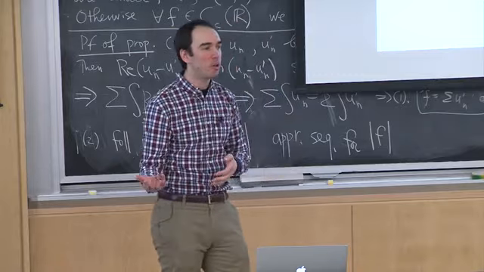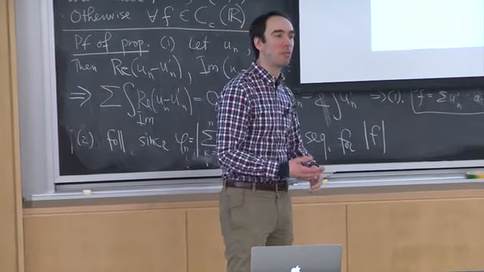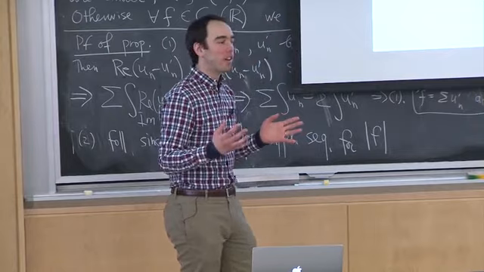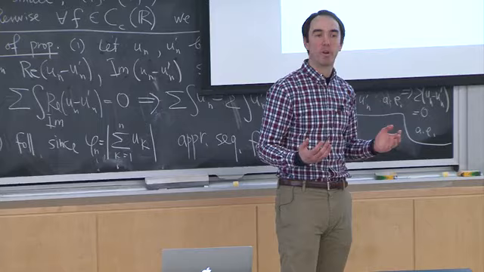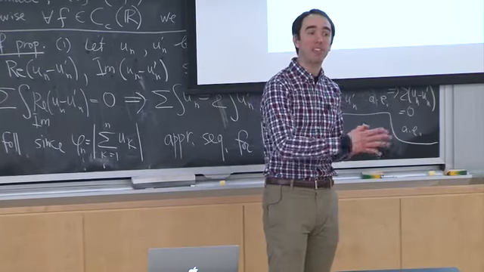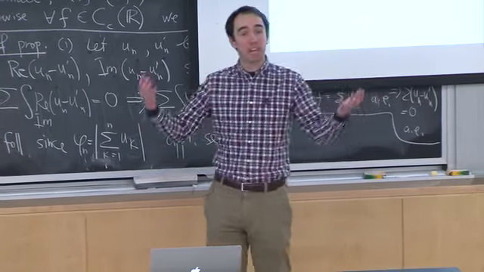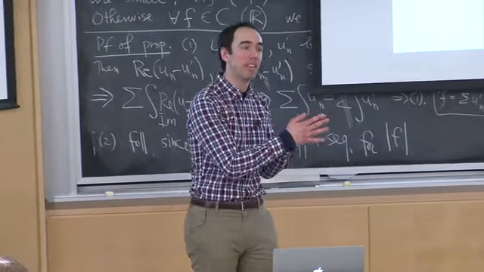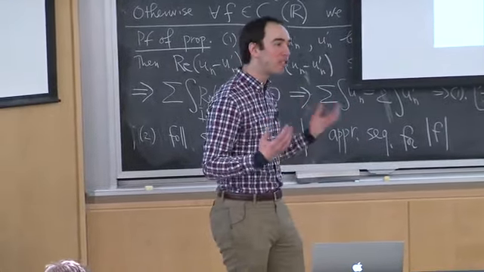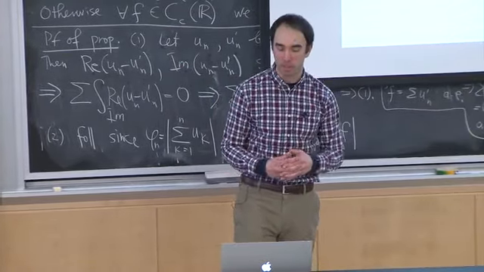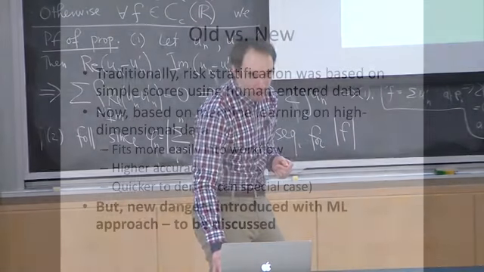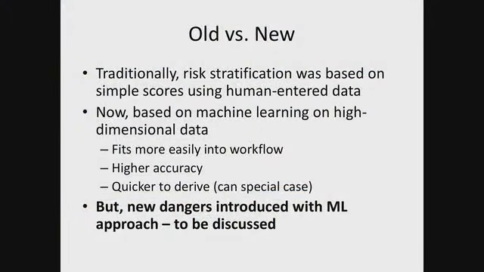You take data that's available, you apply your machine learning algorithm, and even if it's a condition or an outcome which occurs very infrequently, if you have access to a large enough data set, you'll be able to get enough samples in order to actually predict that somewhat very narrow outcome. And so as a result, it really opens the door to rethinking the way that risk stratification can be used. But as a result, there are also new dangers that are introduced. And we'll talk about some of those in today's lecture, and we'll continue to talk about those in next Thursday's lecture.